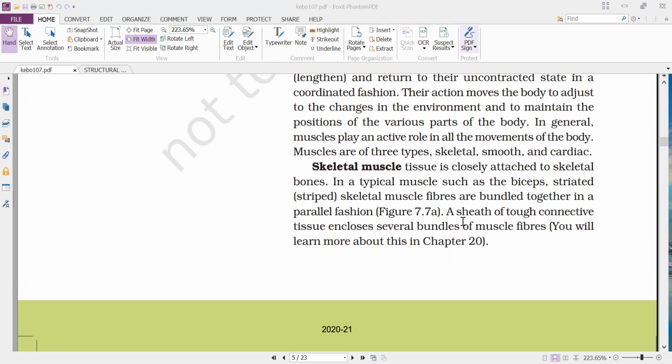These muscle fibers are present in the form of a bundle, and this bundle is covered by a connective tissue sheath. A sheath of tough connective tissue encloses several bundles of muscle fibers.